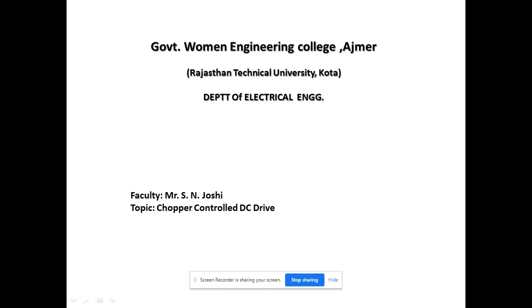Hello everyone. My today's topic is chopper controlled DC drive. What is a chopper? Actually, a chopper is a semiconductor based device which converts fixed DC into variable DC.